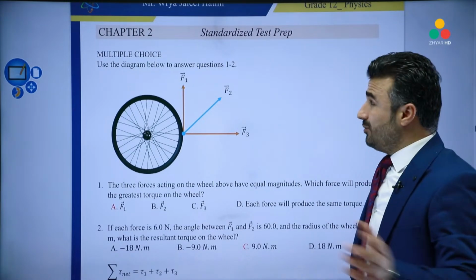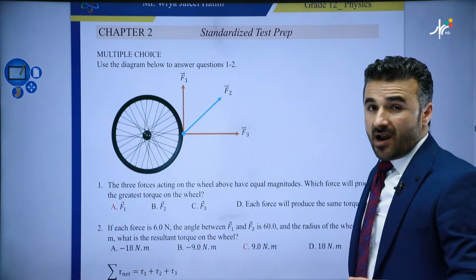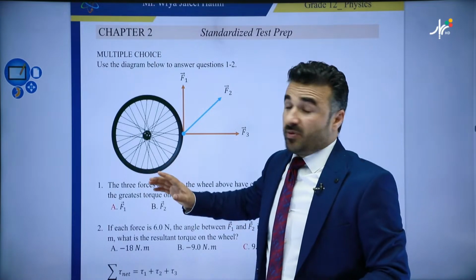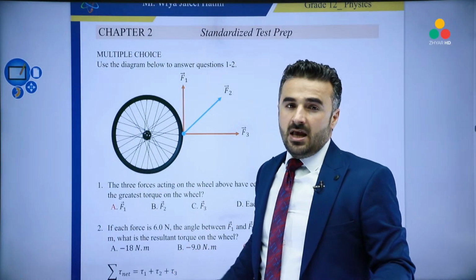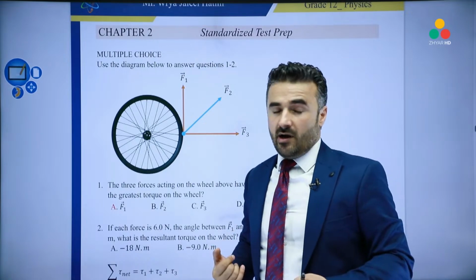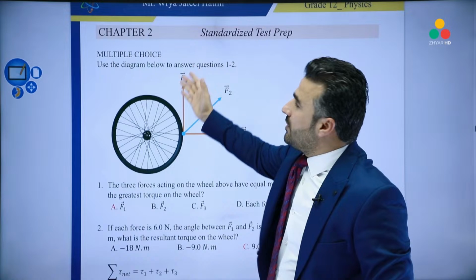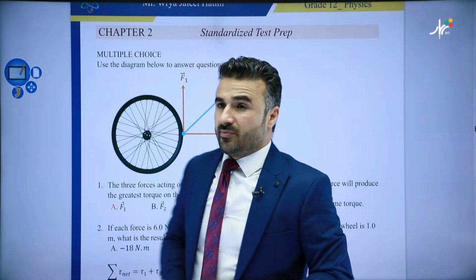Just make sure you'll be reviewing what we have covered and keep practicing, because practice is what makes perfect. So remember this. I would prefer you go through the standardized test and solve the questions before I solve them, and then you can compare your answers with mine to see how well you've done, right? So don't forget, we are at chapter 2, standardized test preparation.